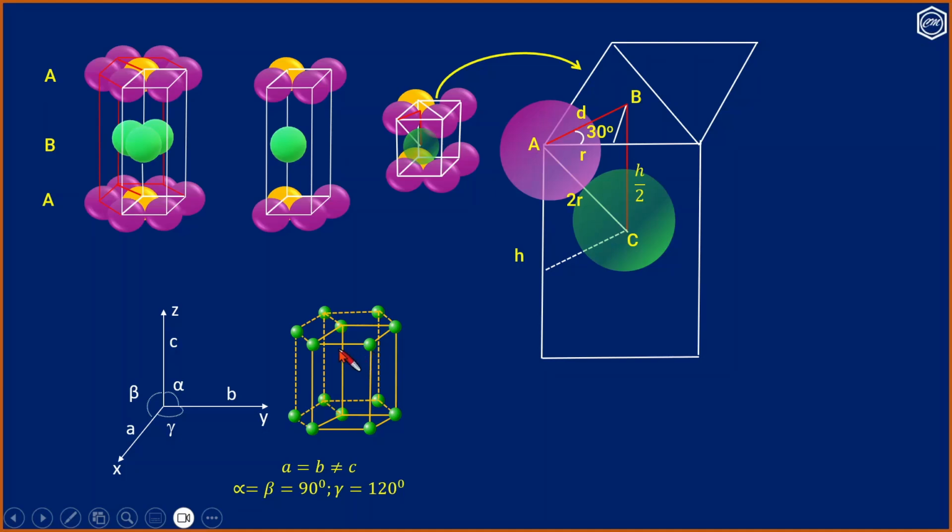This is hexagonal system, that is primitive, and this is the hexagonal close packing unit cell. So this angle is 120, half of this will be 60. So this angle will be 60, this also will be 60. Therefore this red line bisects this angle, so this angle is 30 degree. Let this distance be d.